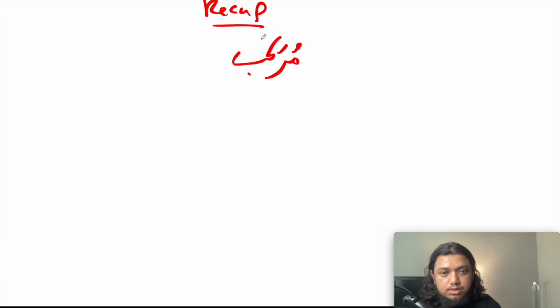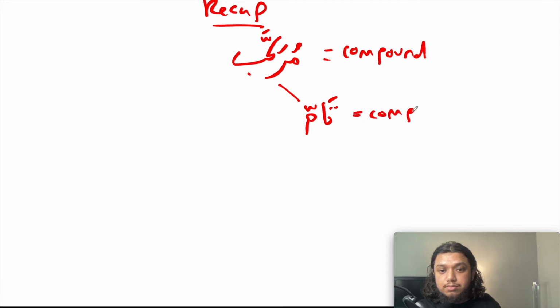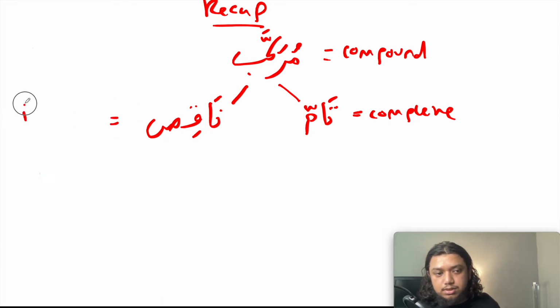Today we learnt what a murakkab is. A murakkab is a compound. Compound means combination of two or more words put together. And there are two types of compound. Tamm, which is a complete compound, and naqis, which is an incomplete compound.